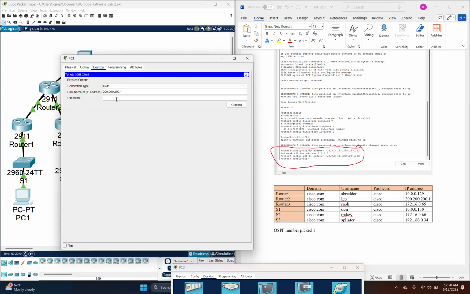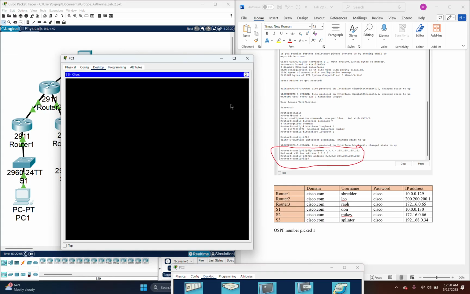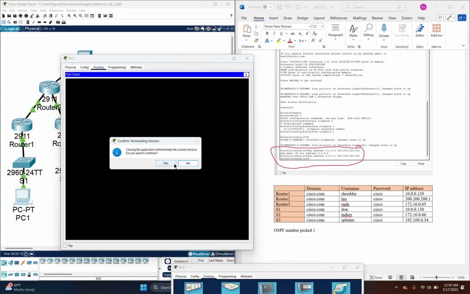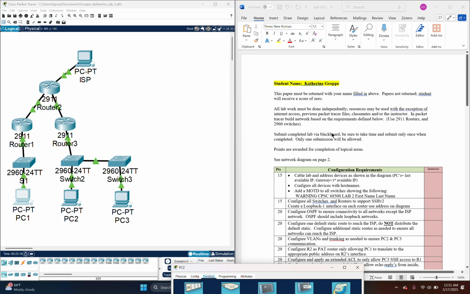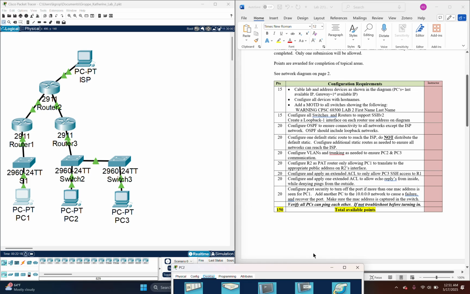Hit connect. So I know this works, and I know I have it blocked. The only issue right now is that I am currently trying to complete the rest of this lab, so some of the configurations are out of whack and have thrown off the rest of this.